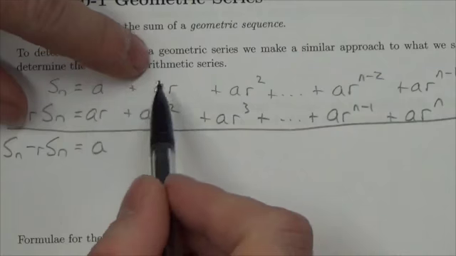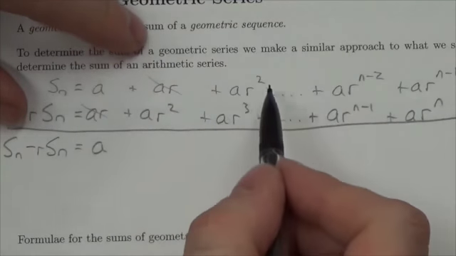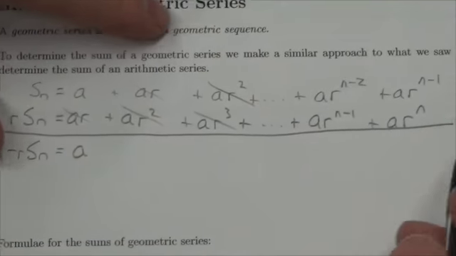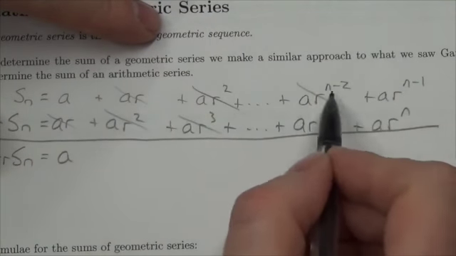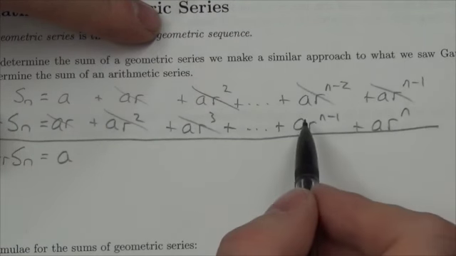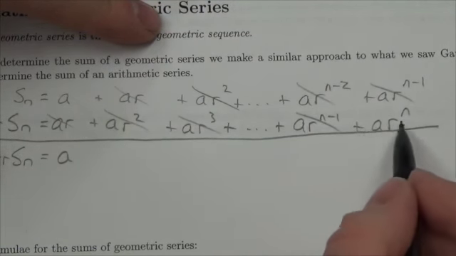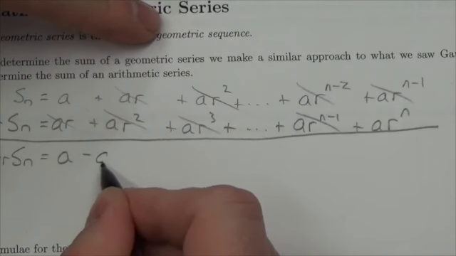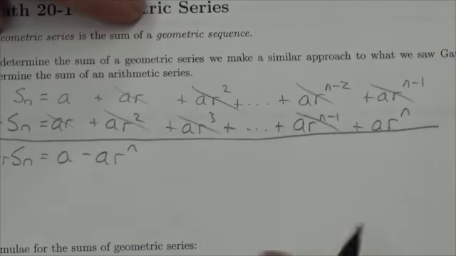But ar minus ar disappears. ar squared minus ar squared, the ar cubed is going to cancel, ar to the n minus 2 will cancel, ar to the n minus 1 will cancel with this one right here, and I'm going to be left with this one. It'd be like 0 minus this, so minus ar to the n.